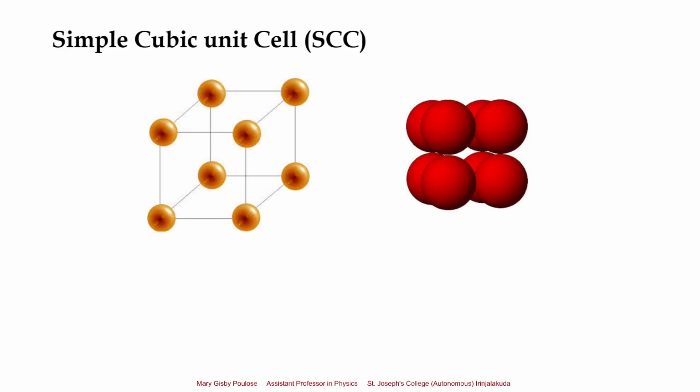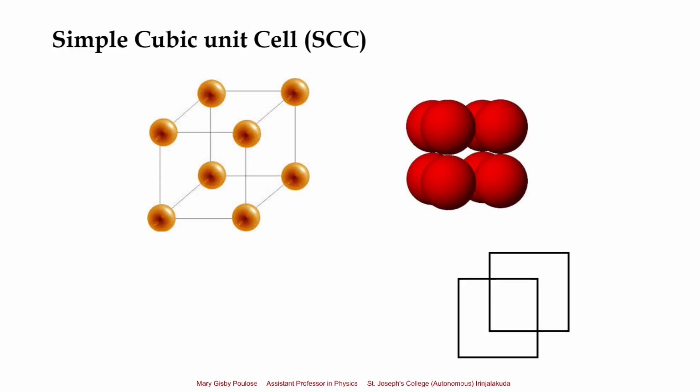Now let us see how to draw the simple cubic unit cell. First, we need to learn how to draw a cube. For that, we draw a square. We place another square in front of it, and the edges are matched. Now we place atoms at all the corners.